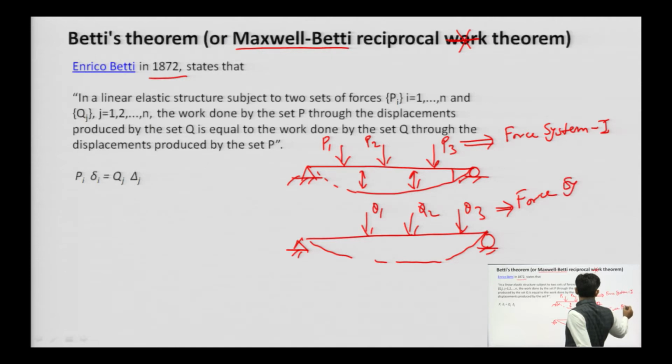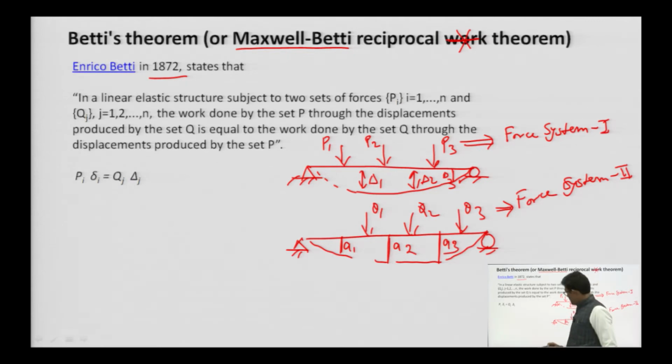So, according to him, if this value is delta 1, this value is delta 2, this value is delta 3, and if the displacement has been observed here, say this is A1, this is A2, this is A3.